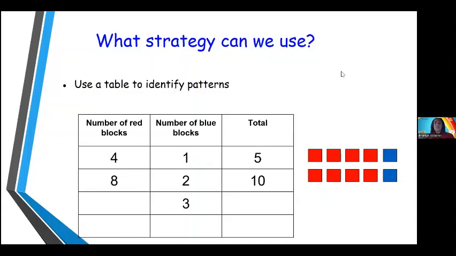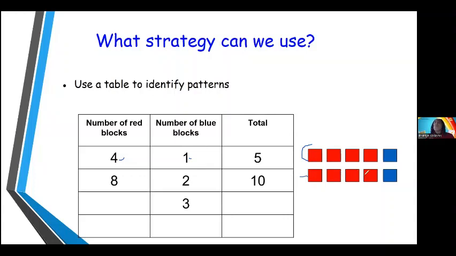I want you to notice, for every 4 red blocks, there is 1 blue block. That's shown there in our diagram. 4 red blocks and 1 blue, and the total is 5, which takes in the first series of our pattern. And then let's look at the second one, which is this set here.